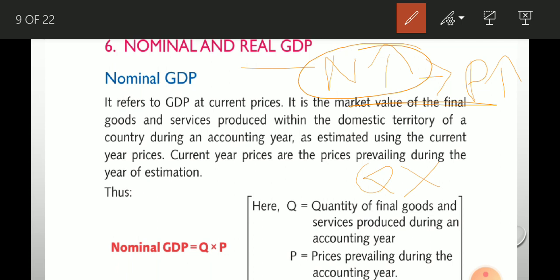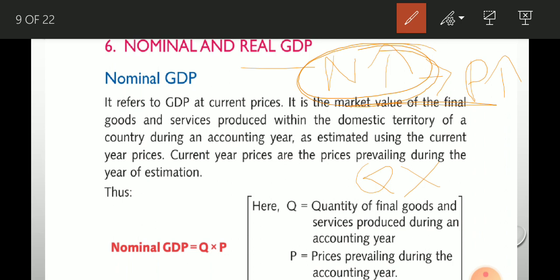There is not more production of goods and services in the accounting year. If price is going to be more, then we get a higher amount of nominal GDP. That is why nominal GDP is not considered a true indicator of social welfare.